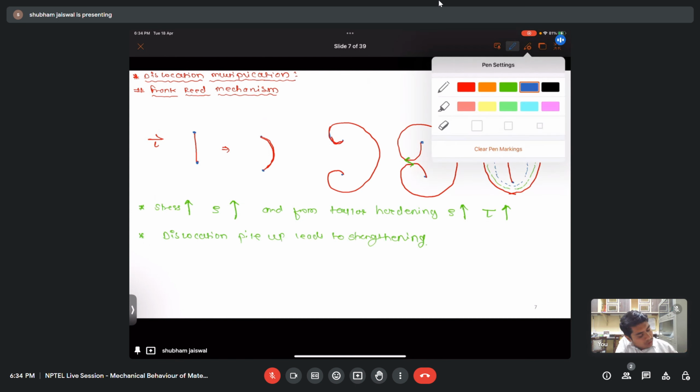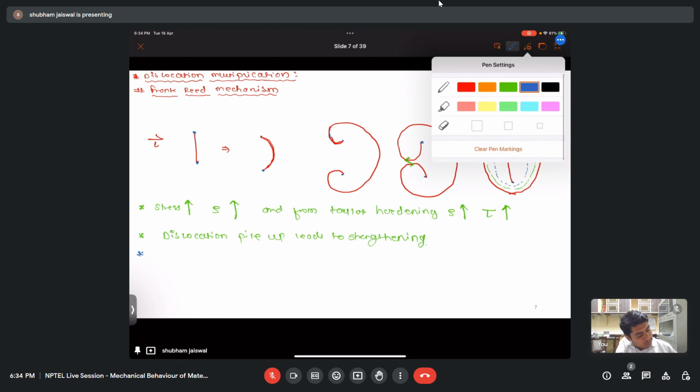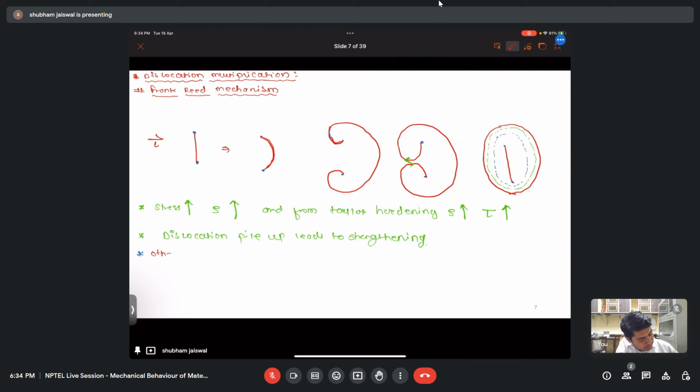So there are other mechanisms for the dislocation multiplication. So what are those?